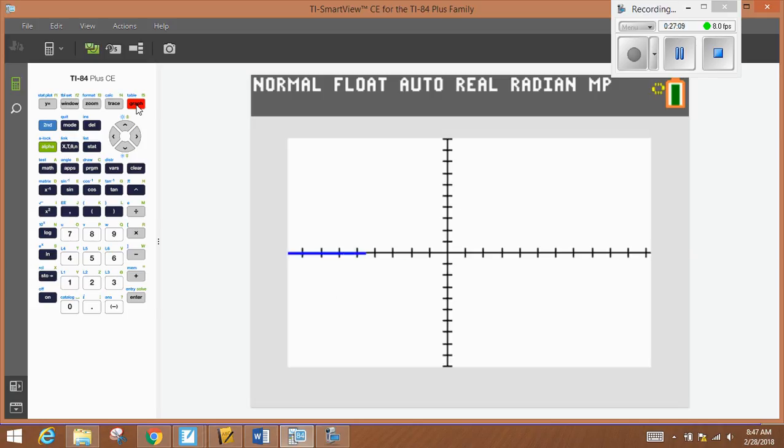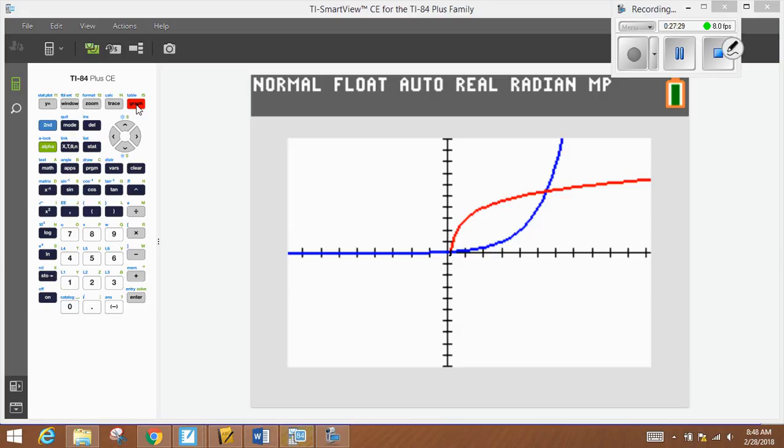Let's graph it. That's what it looks like, okay? But you gotta keep in mind that this actually does have this asymptotic behavior down here, right?